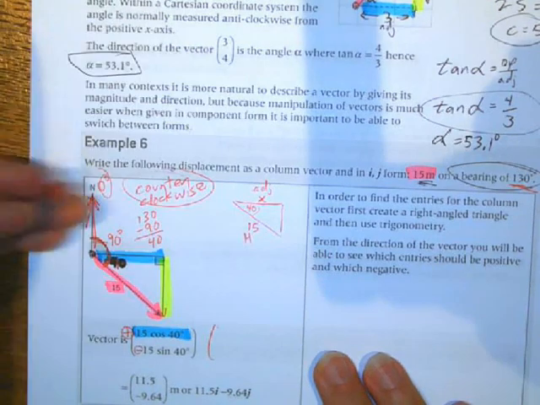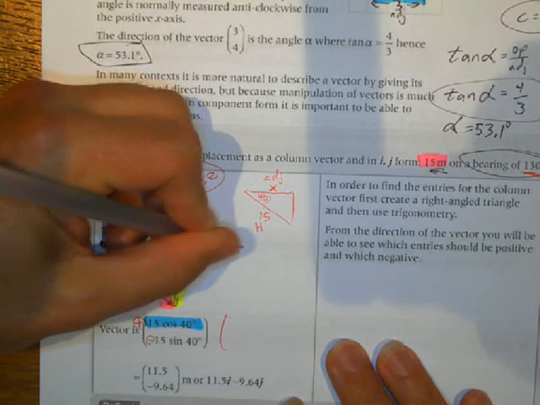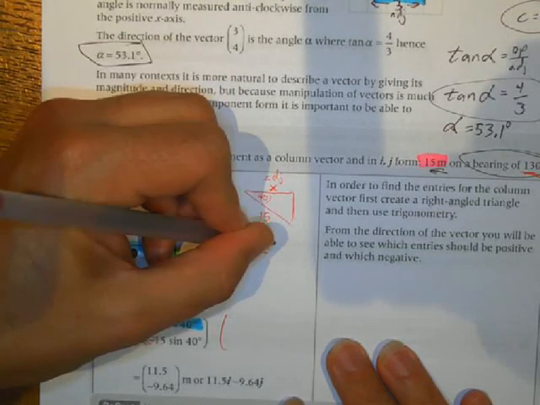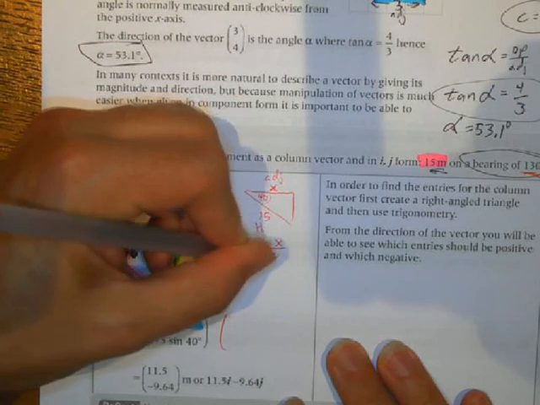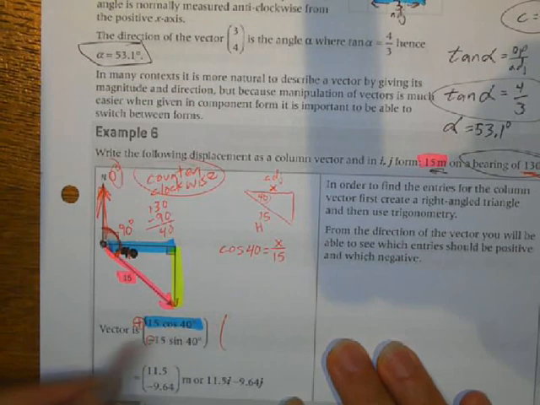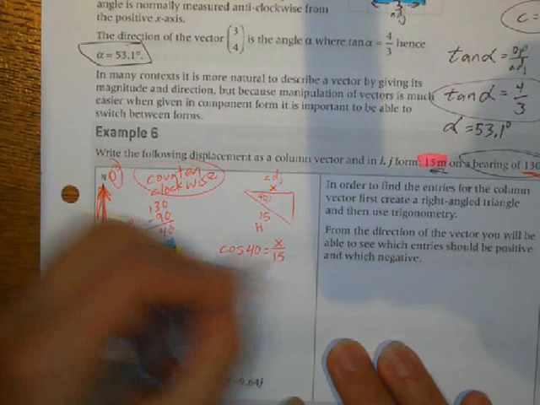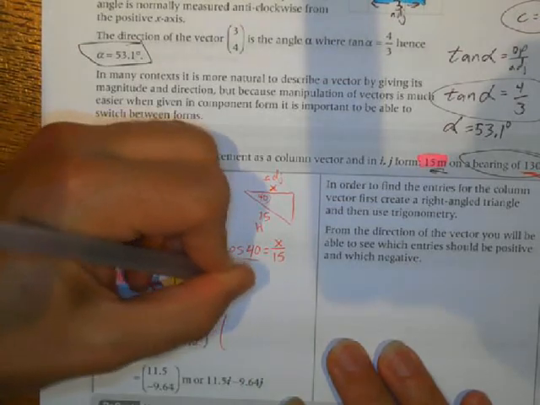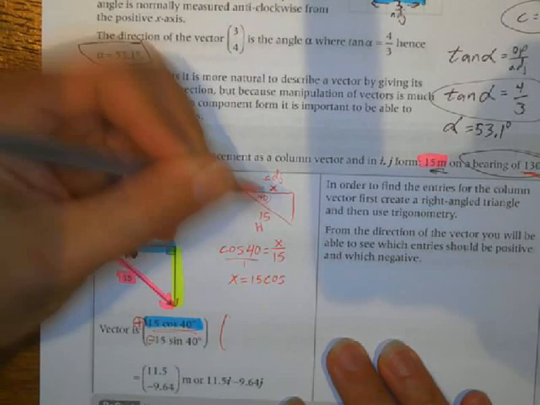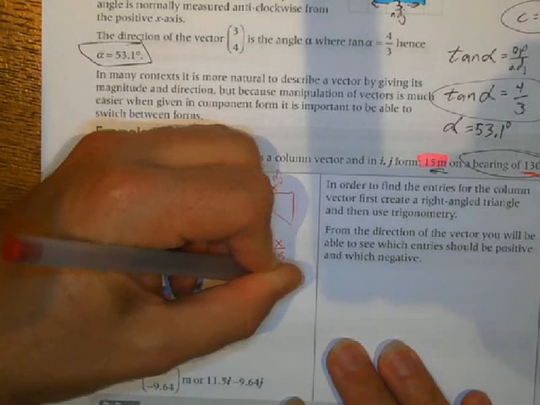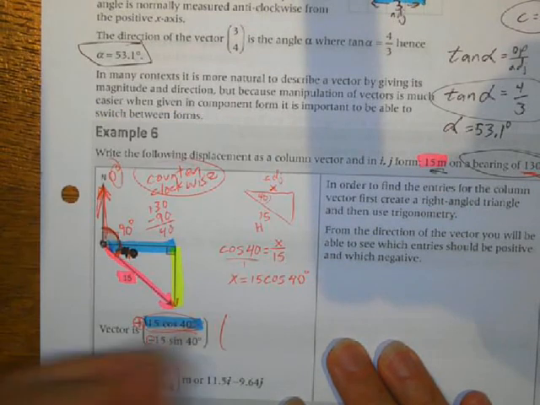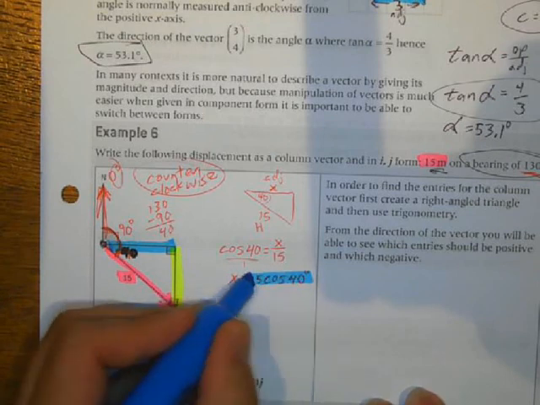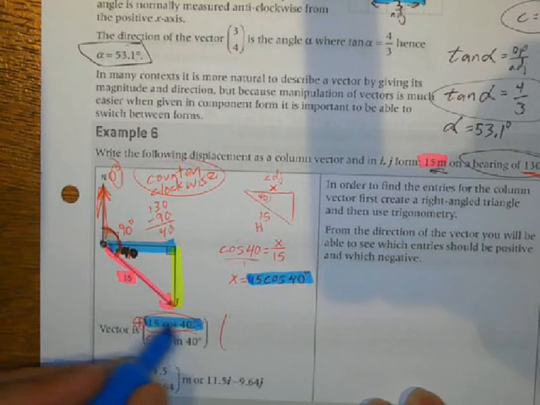So I can say cosine 40 degrees equals adjacent over hypotenuse, x over 15. And we want to find x to go here. So if I put this over 1, cross multiply, I get x equals 15 cosine 40 degrees. And that's how they got this value here.